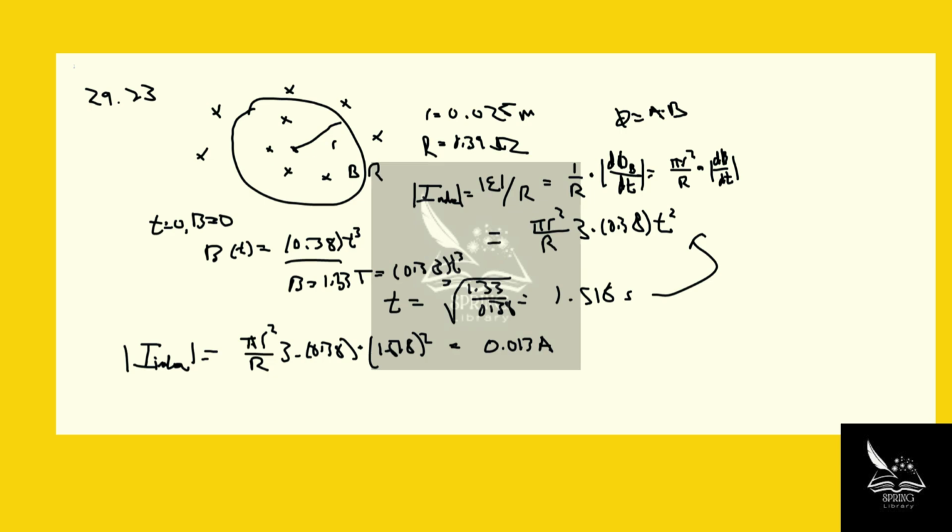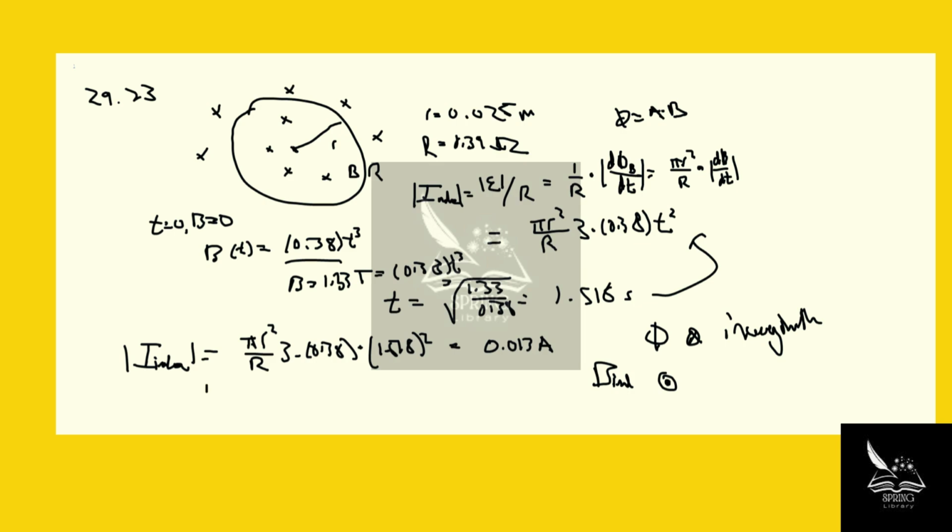So we have a flux that is into the page, and we also know that it is increasing with time. So Lenz's law says that the B from the induced current must be opposing the change in flux. So if it's into the page and increasing, we know that this must oppose that change and be out of the page.